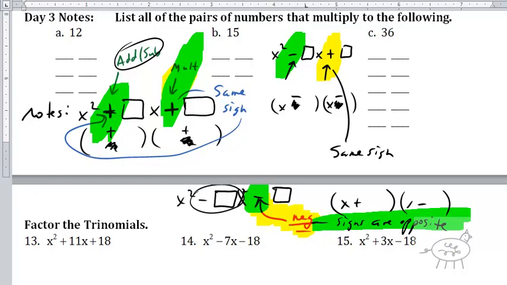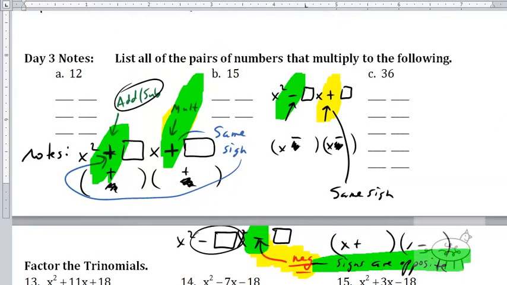Now let's go back to the notes on here. Kind of scribbled over them a little bit. It says list all pairs of combinations that multiply to do the following. So do you guys agree, 12, if I come up with values that give me 12, the first one, which is the easiest, is actually 12 and 1.